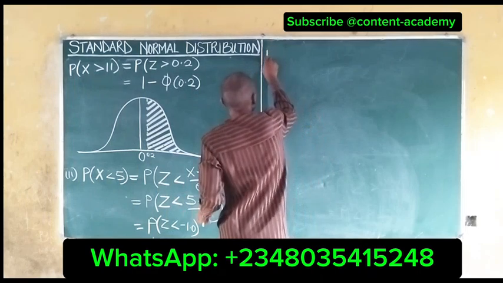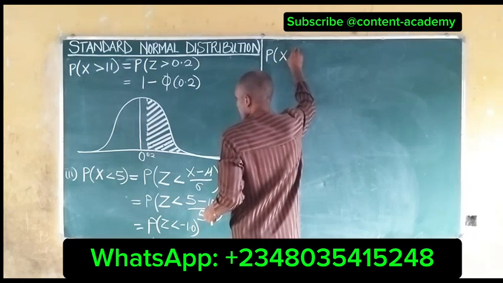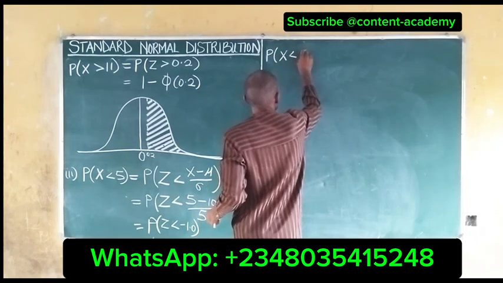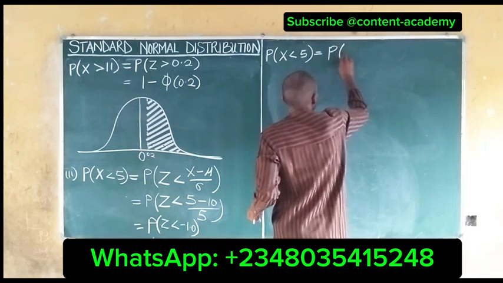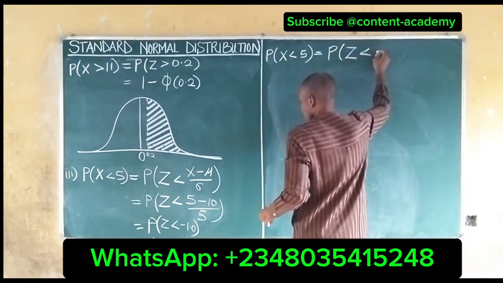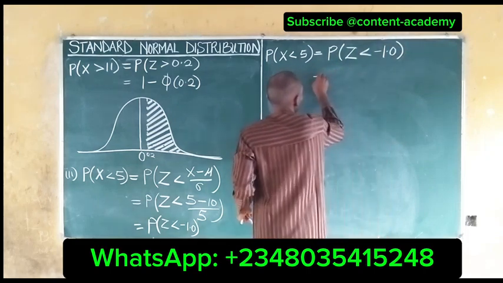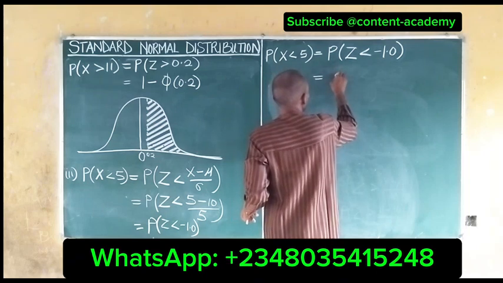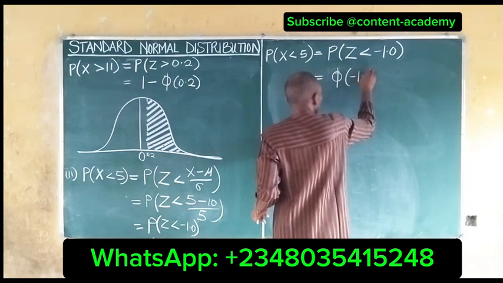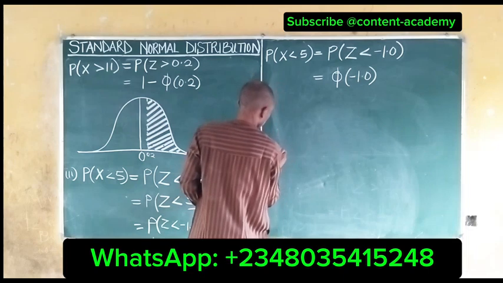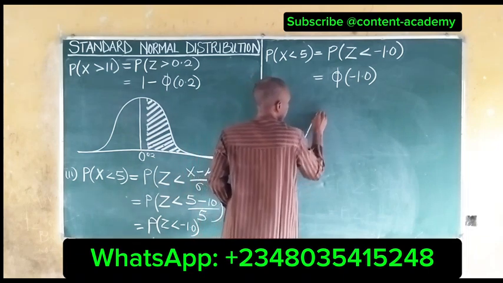So we have the probability for X is less than 5, which is equal to the probability for Z is less than negative 1.0, which is what we got. So we can now write this to be our curve, negative 1.0. If you are drawing the curve, it will be in this form.